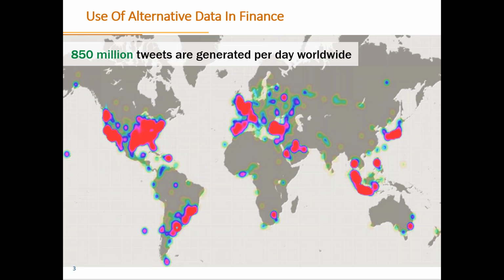What's nice about this particular slide is that a couple of years ago, I really needed it so that people could understand the importance of Twitter in the financial community. This slide is probably on the verge of being removed from the deck because everybody knows Twitter. Everybody knows there are 850 million tweets a day, going up to 1 billion sometimes on high news days.